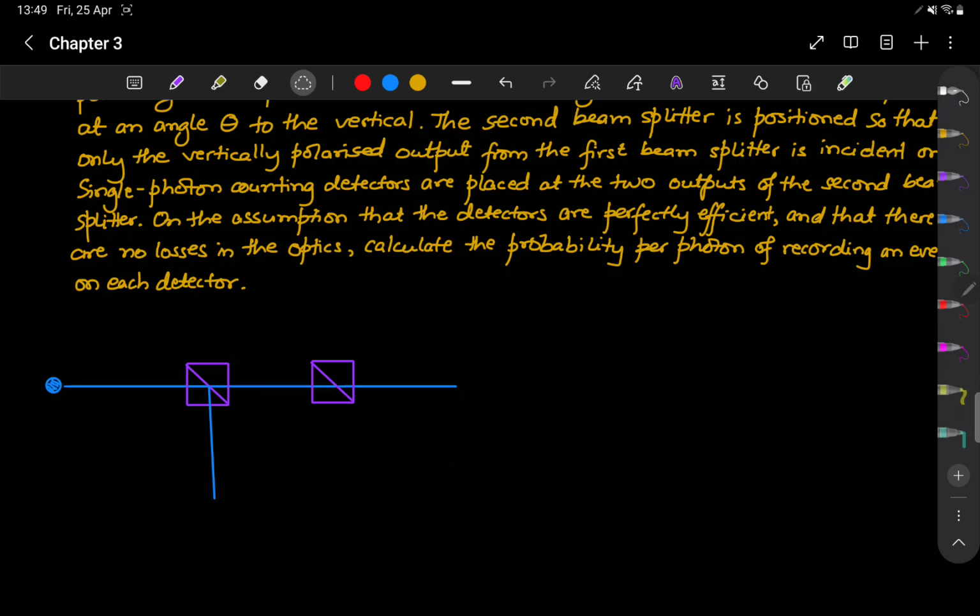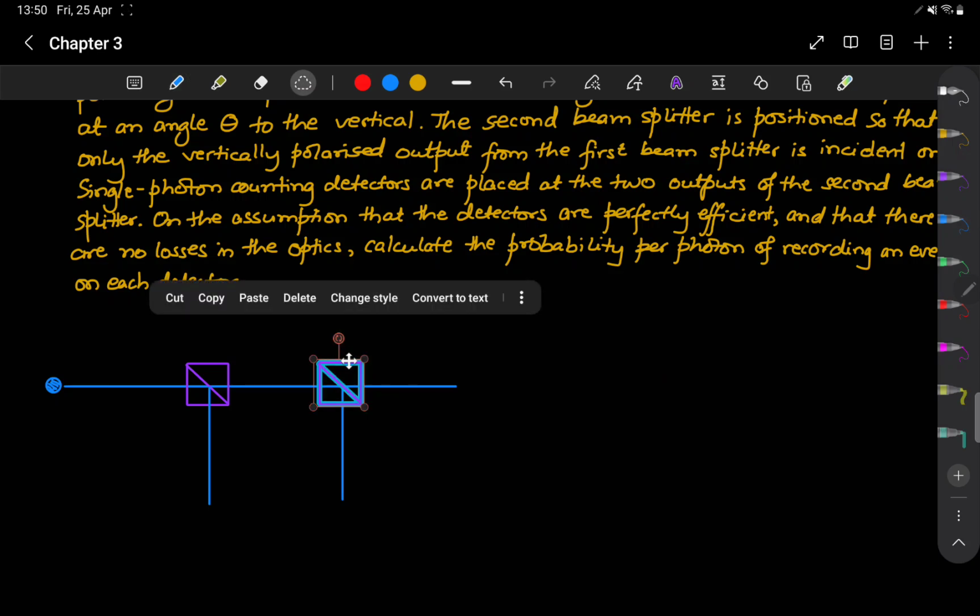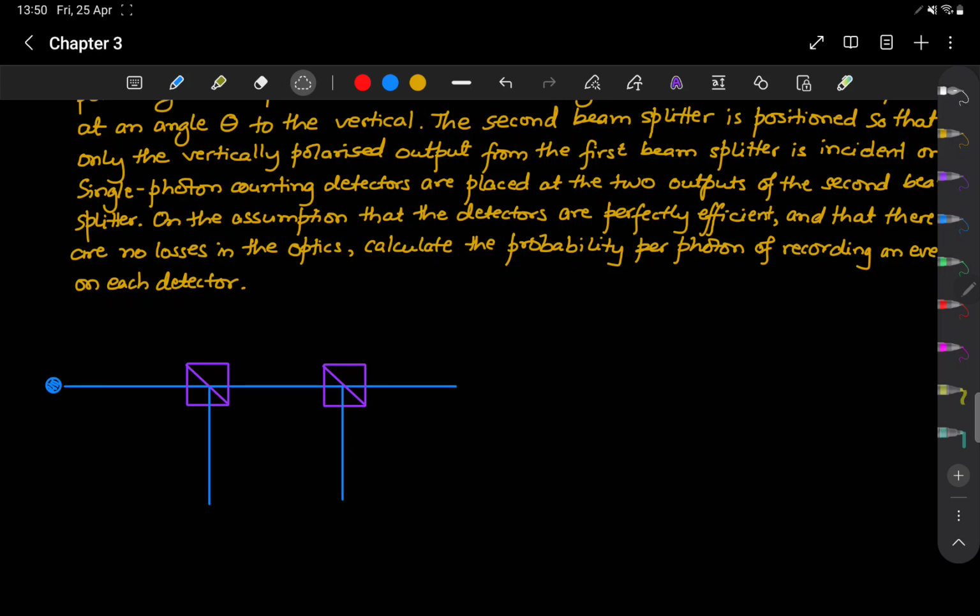This is the transmitted part of the light, then this is the reflected part of the light, and there are detectors in these two arms.